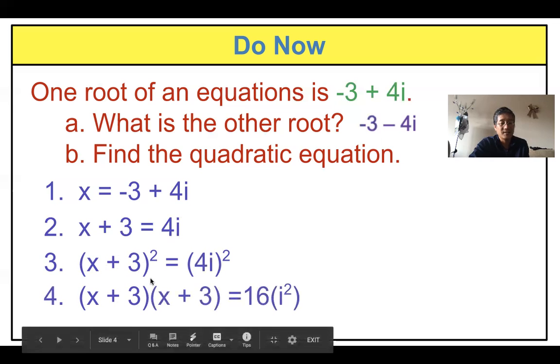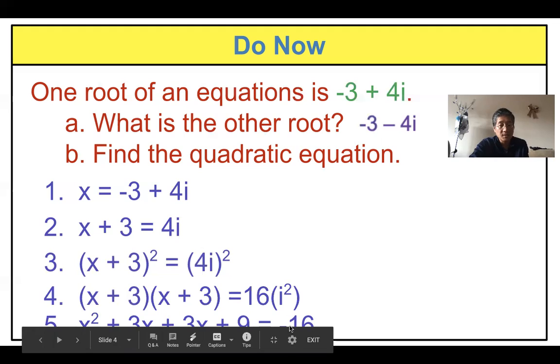This is x plus 3 times x plus 3. Makes sense, everybody? Now this is 4 squared times i squared, and i squared is equal to -1. So you will have x squared plus 3x plus 3x plus 9 equals -16.